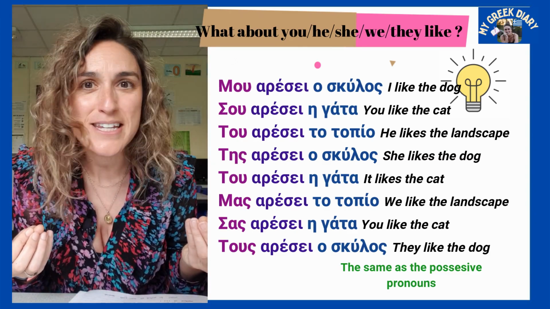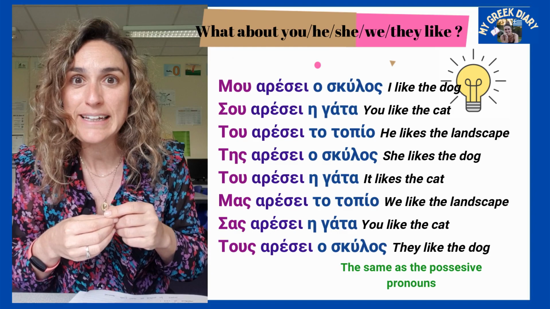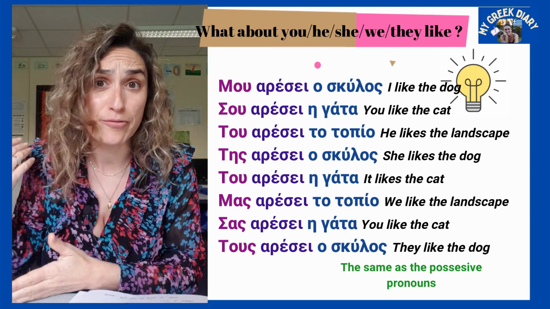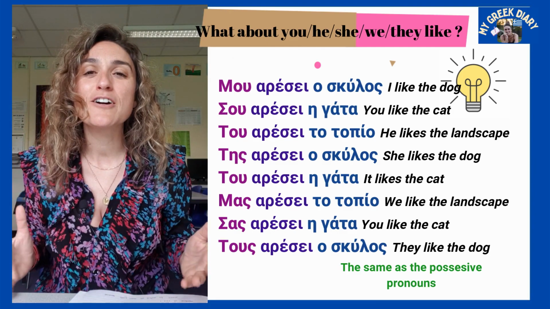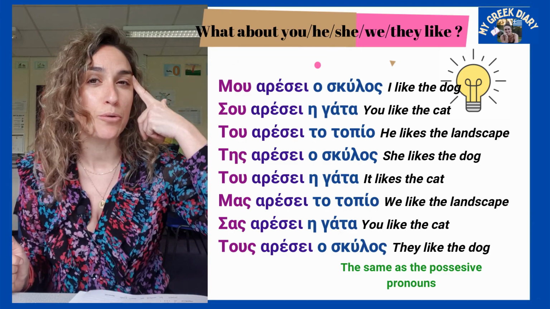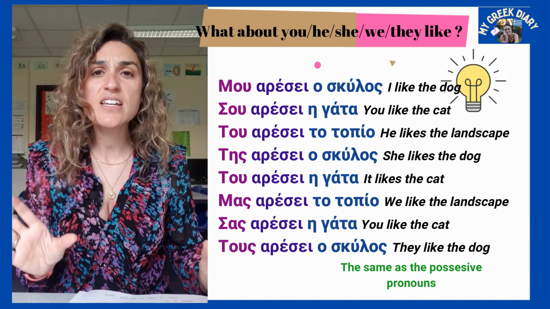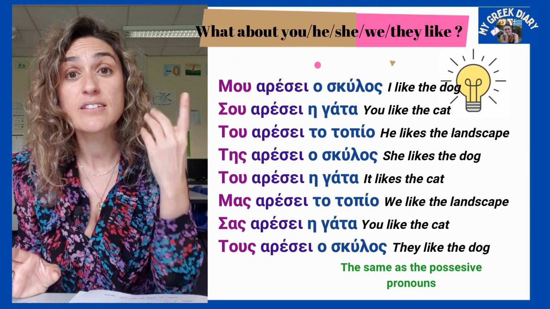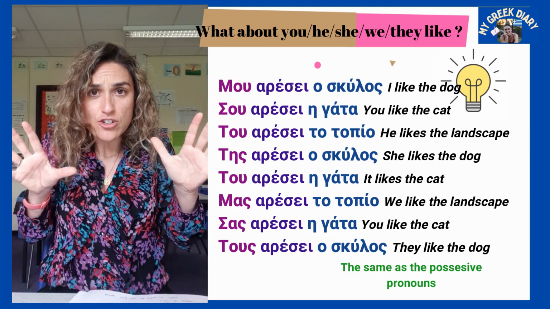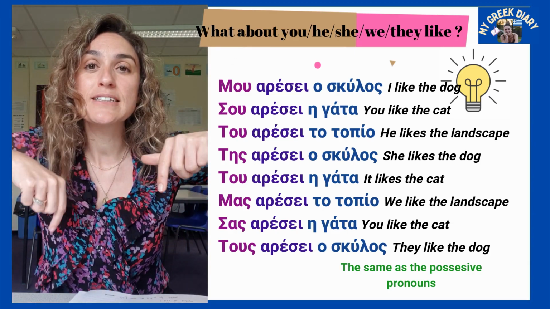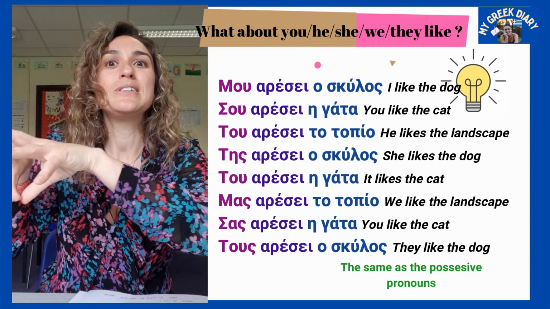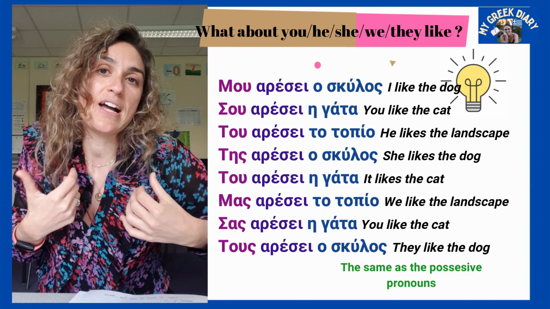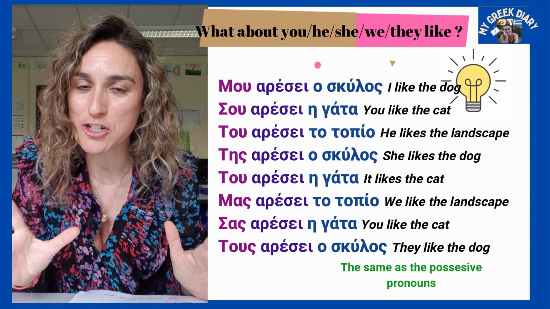I'm gonna share with you the link to the possessive video I did months ago, because that helps massively to remember. So, αρέσει is not gonna change because it's one thing in singular that we like. But we need to change μου, σου, της, του, μας, σας. It's the only thing we need to change.